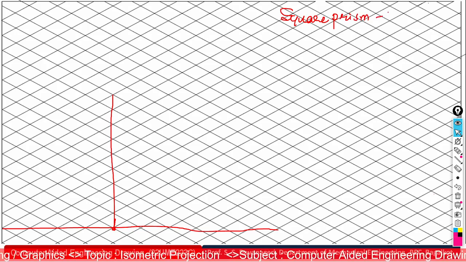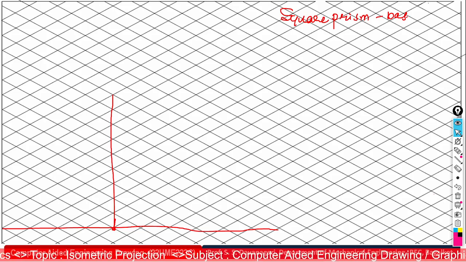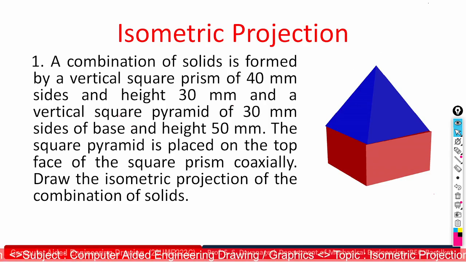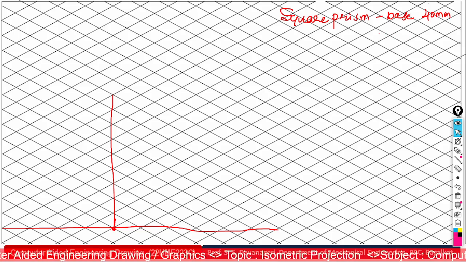Its base side is 40 and height is 50 here.